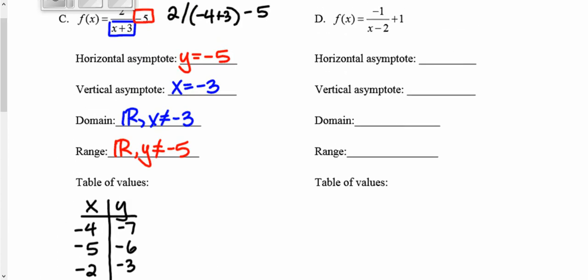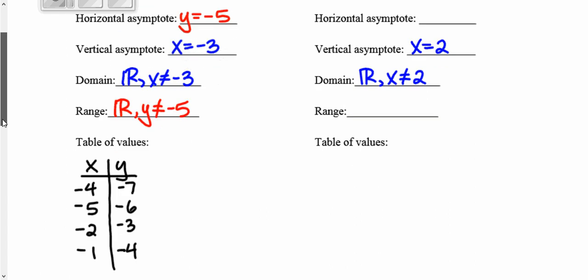So starting with the vertical and horizontal asymptotes. Just a reminder, vertical asymptote comes from the denominator. What would make it 0? That would be positive 2. So your domain is everything but that, since that graph can't go to 2. I'm going to go ahead and graph that as well.